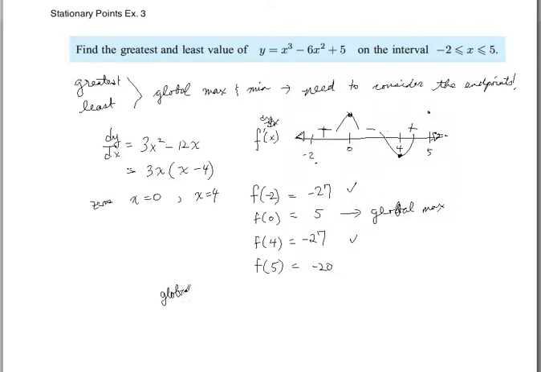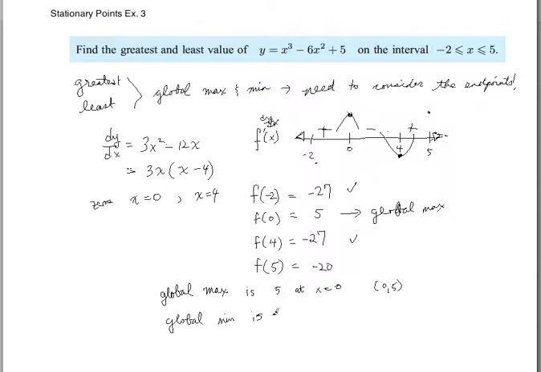The global maximum is 5 at x equals 0, or you could say at (0, 5), I guess. For the global minimum, in fact there are two of them.